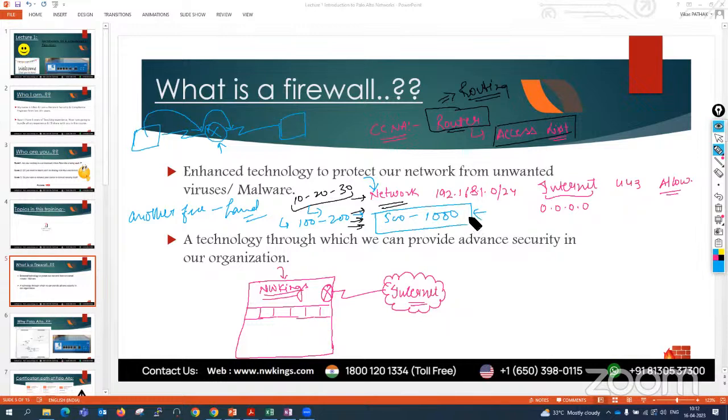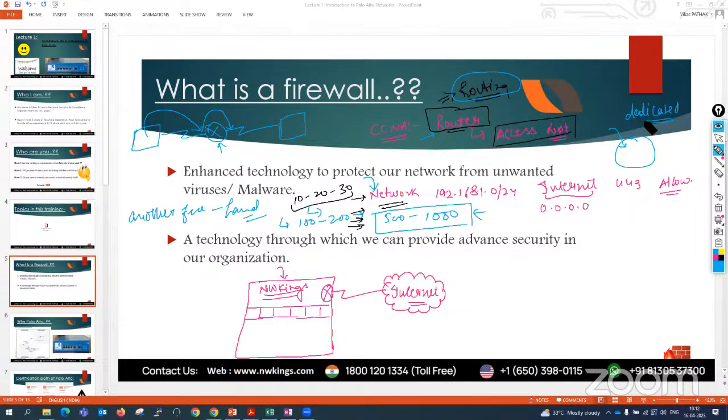In that case, the basic functionality of the router started differing, meaning the routing gets slower. Why? Because a router does not have a dedicated memory, a dedicated CPU, or a dedicated cache for the ACL.